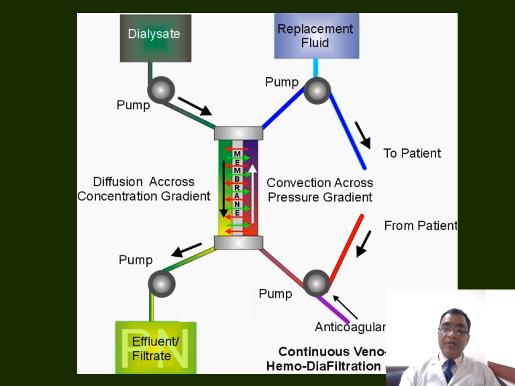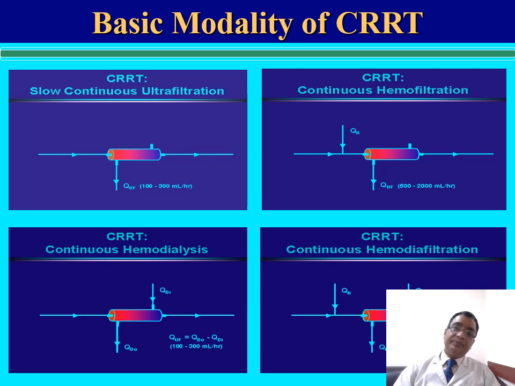Again, this effluent will have a volume of ultrafiltrate as well as the dialysate, and all these things are happening simultaneously: ultrafiltration, hemodialysis, and replacement fluid. Therefore, it is called hemodiafiltration.